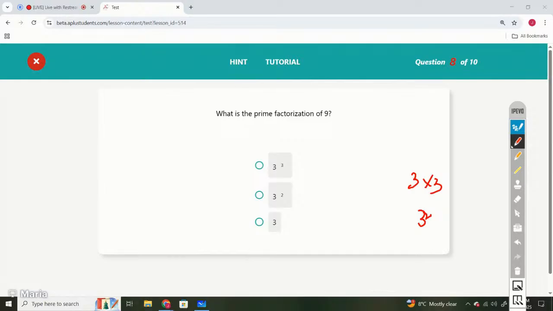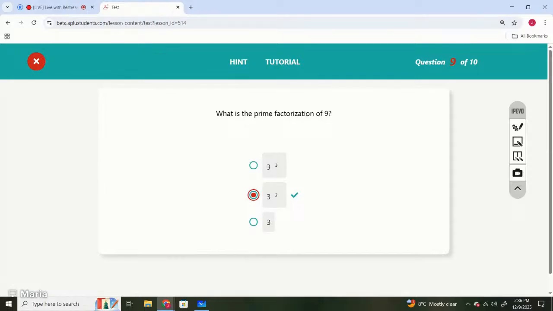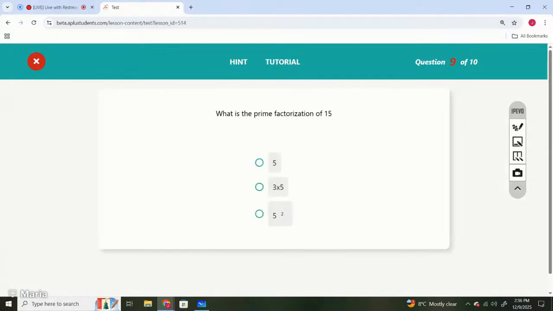The prime factors of 9 are 3 times 3. We can write it as 3 squared. What are the prime factors of 15? That is 3 times 5. Option number 2 is the correct option.